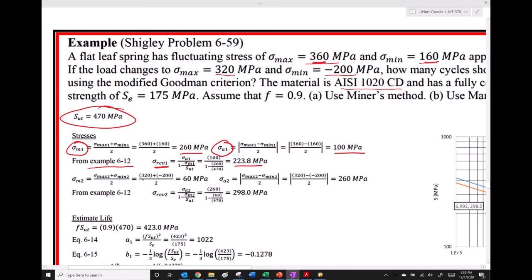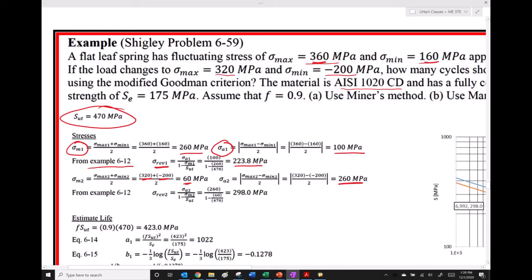We do the same thing, but this time we have 320 and we have a compression right there. So our mid-range is considerably lower and our alternating is considerably higher because we have the minus, and so we end up with 60. But both of these are in tension, by the way. And then we have completely reversed.